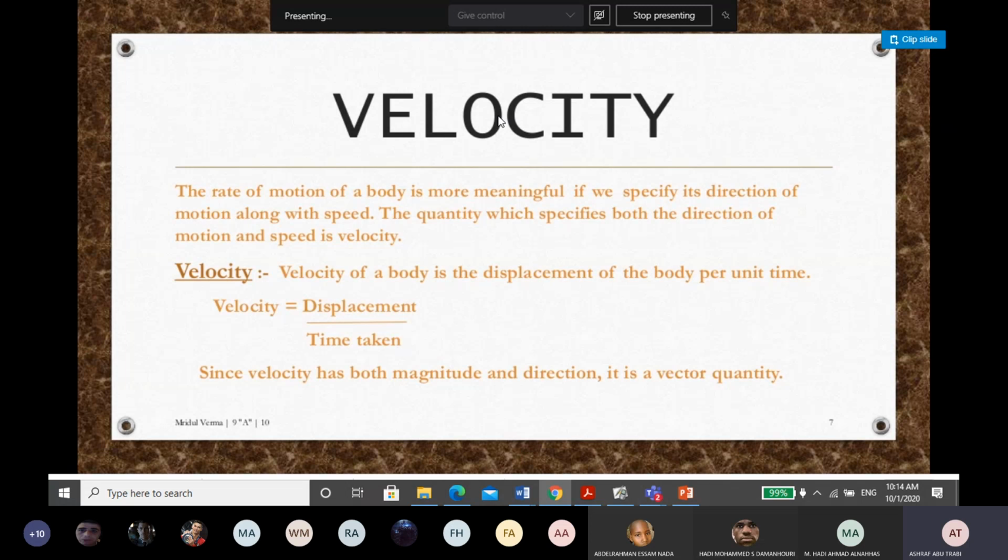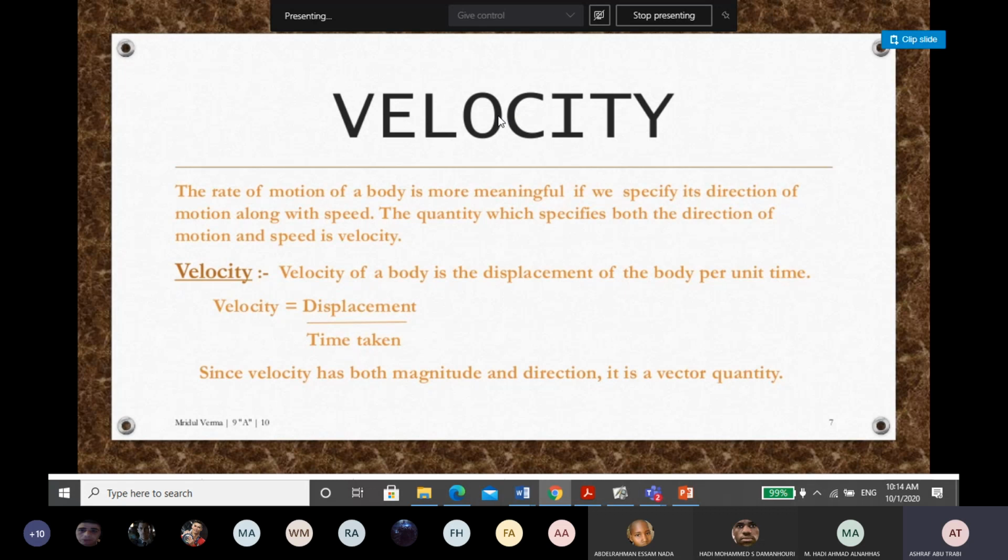The quantity which specifies both the direction of the motion and the speed is the velocity. So velocity of a body is the displacement of the body per unit time. So we can give here, guys, the displacement over the time taken.